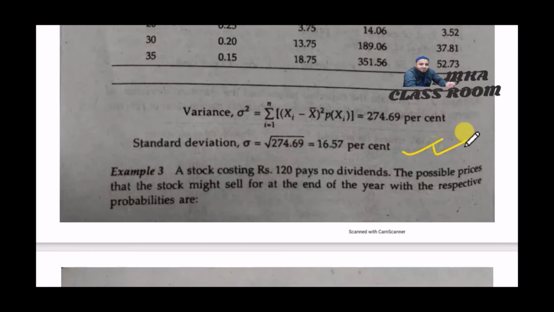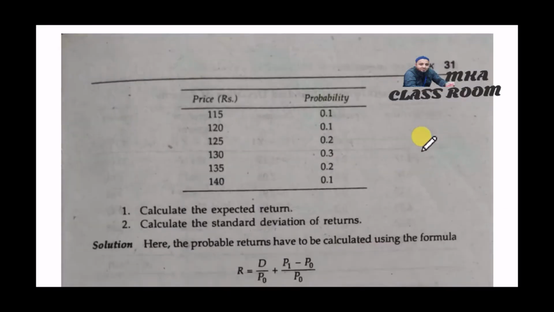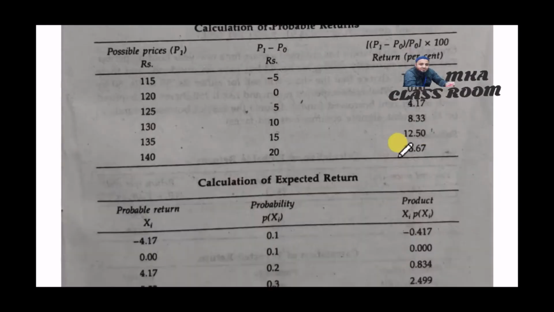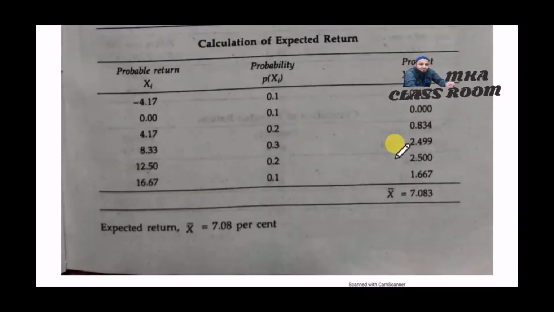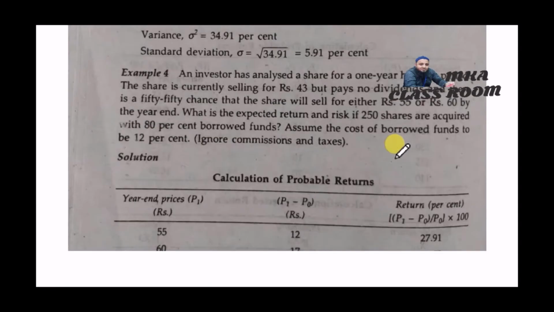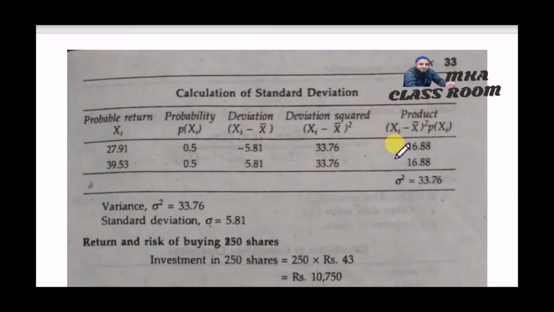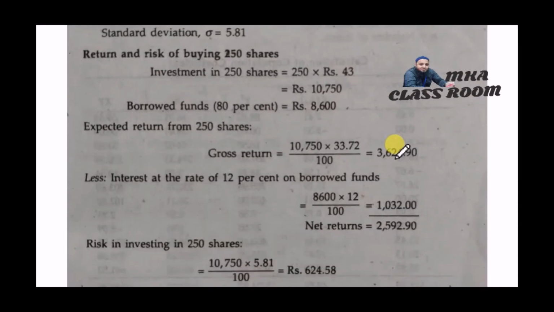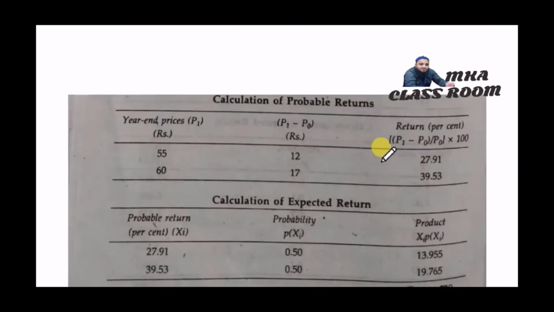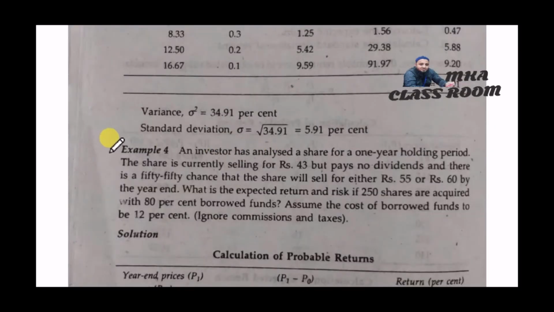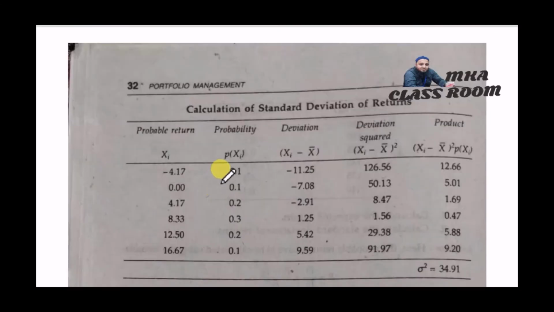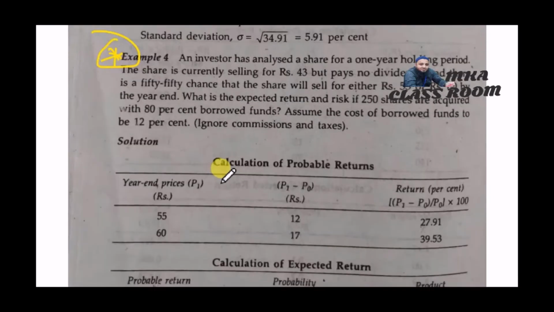Standard deviation we have learned in the previous classes. So after that, beta calculations. You have to look at this problem. That should be your homework. In the next class you have to show your homework. This is the 1 2 3 4 that is your homework.